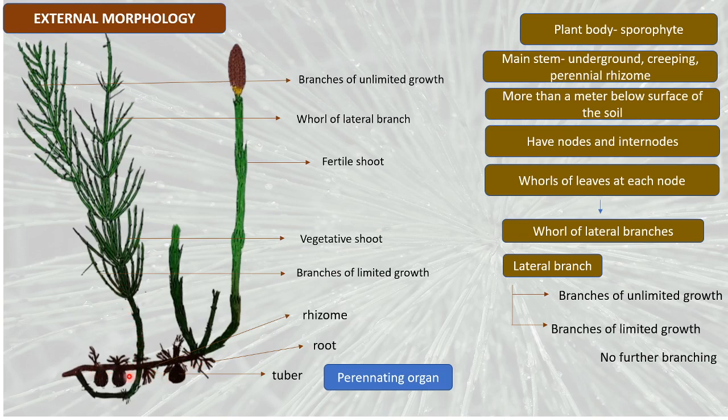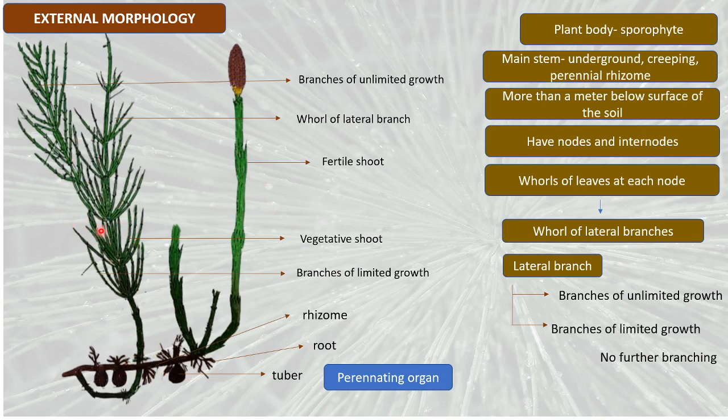So I think this is clear to you about the external morphology of the plant, where the main stem is the rhizome. From the rhizome, aerial shoots arise, tubers arise and roots arise. The rhizome and aerial shoot both have nodes and internodes, and the rhizome gives rise to two types of shoot, vegetative and fertile.